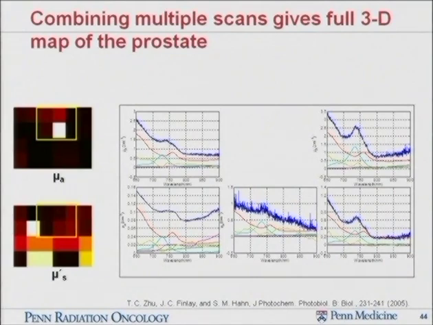That will allow us to separate different components, oxy- and deoxy-hemoglobin. These separations were done by Gerald Finley. And that will allow us to find a distribution map of oxygenation as well as the drug concentration.